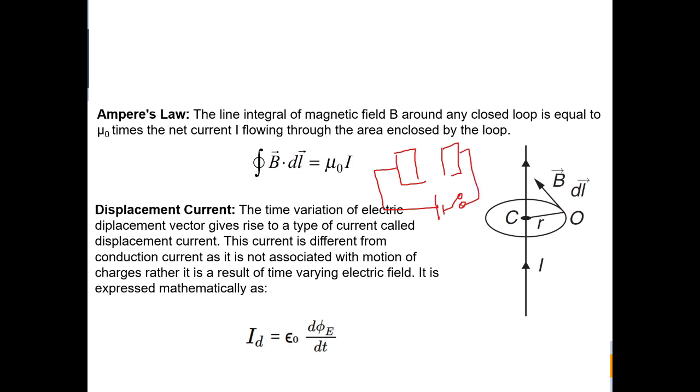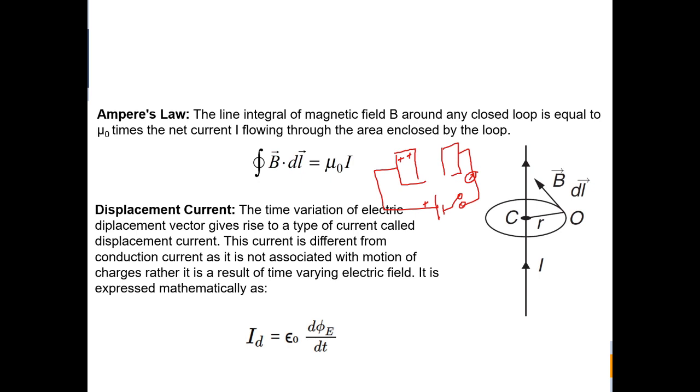Now when this key is closed, this plate starts getting charged, and if you connect a galvanometer here, you would see a deflection so long as this plate is being charged. And if you connect an ammeter, you would definitely see some current in the circuit. Now, the point is that there's nothing in between. There's a dielectric or vacuum in between, and still we register some current during the charging process.